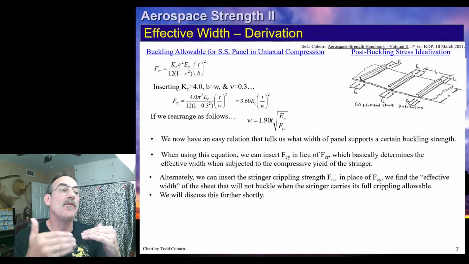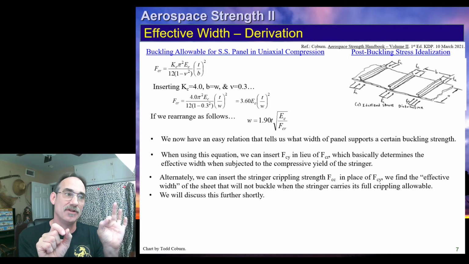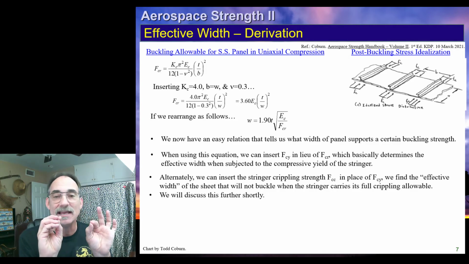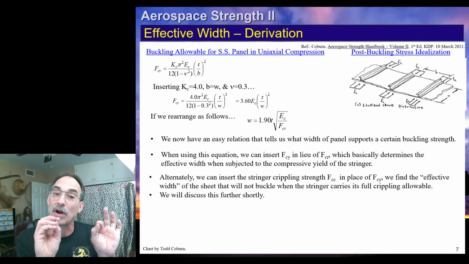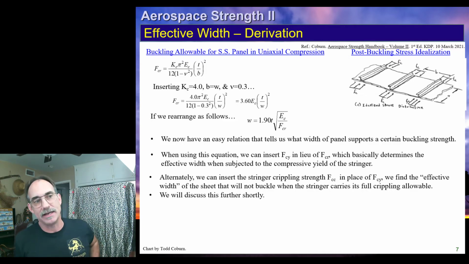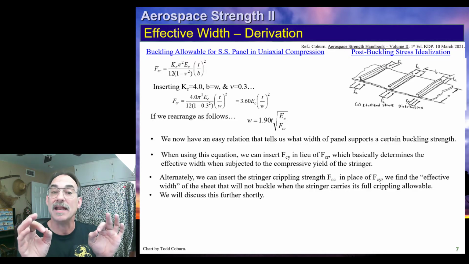And then we solved for what effective width will support the buckling allowable of the stringer, where E, compressive E, is the compressive modulus of the skin that supports that F critical of the stringer itself. Okay? If you've kind of got your mind set on that, you're ready to move forward.